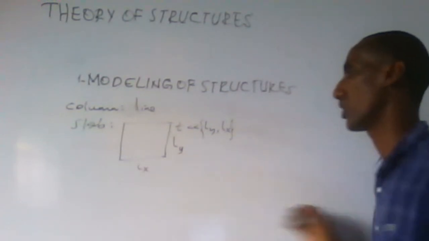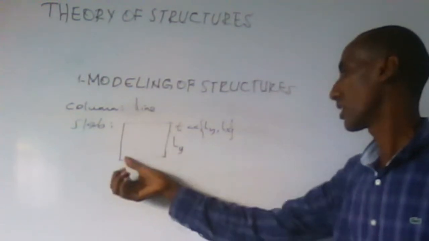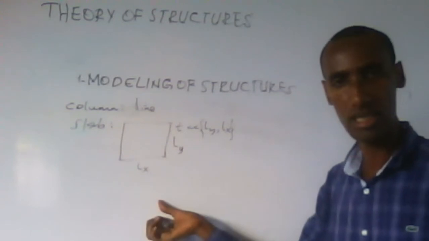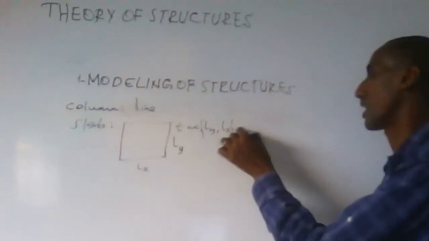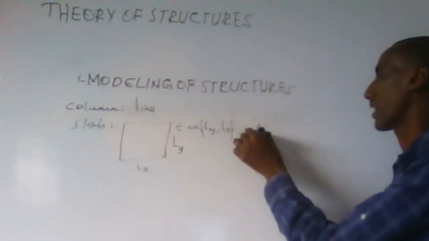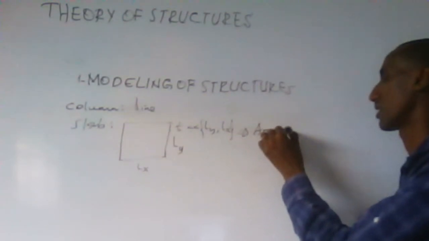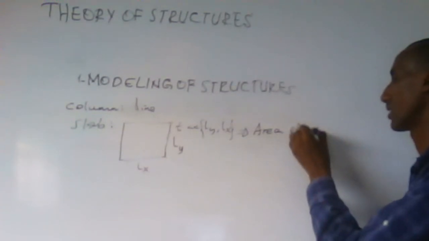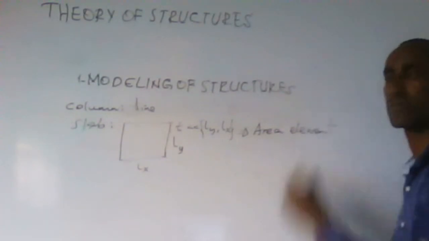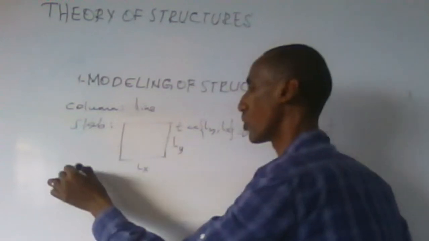So although a slab has length, width and thickness, when we are representing it, it is represented as an area or surface element or area structure. The same is true for walls.